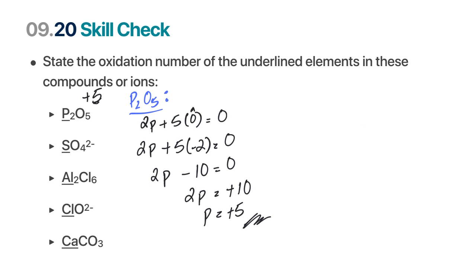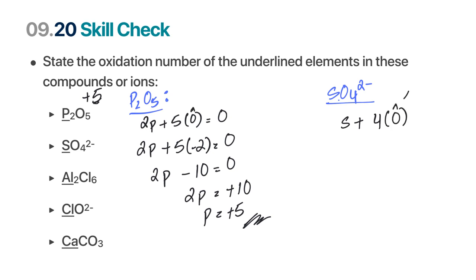It's not H. SO4 2 minus. Okay? SO4 2 minus. So S is my unknown. It has 4 oxygens with my hat on top of oxygen.